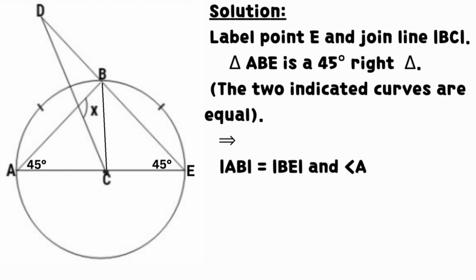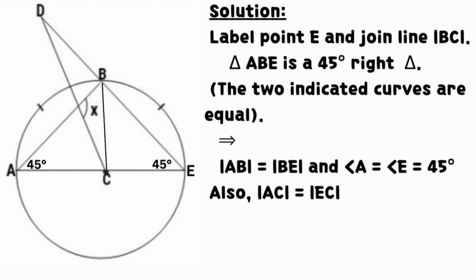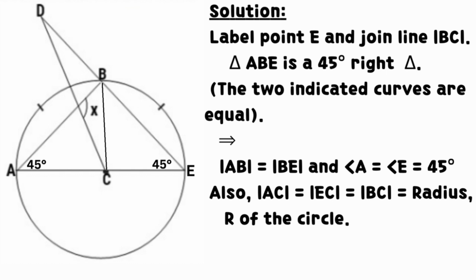It means that line A, B equals line B, E and angle A equals angle E, which equals 45 degrees. Also, line A, C equals line E, C, which equals line B, C. Each of these lines is equal to the radius R of the circle.